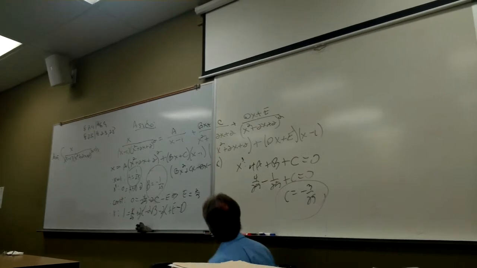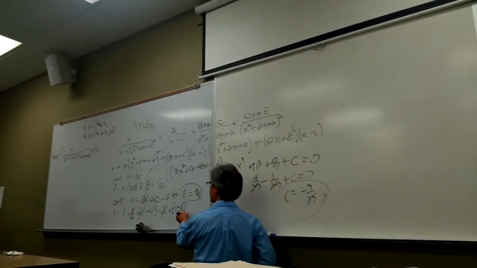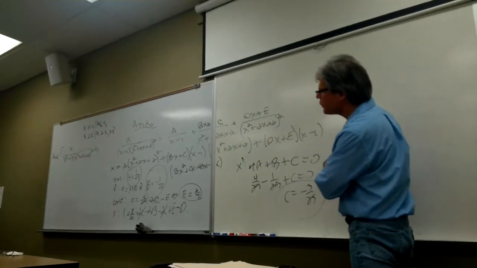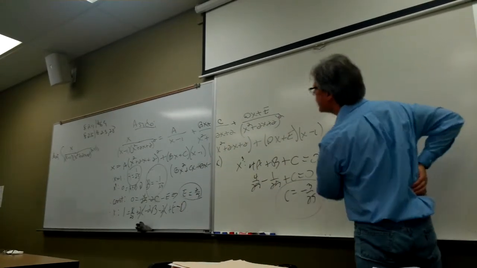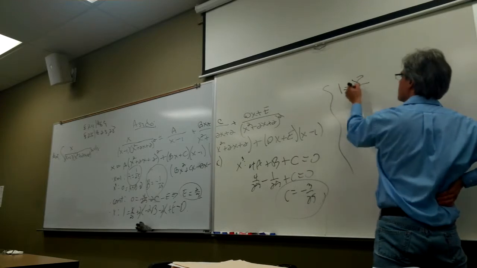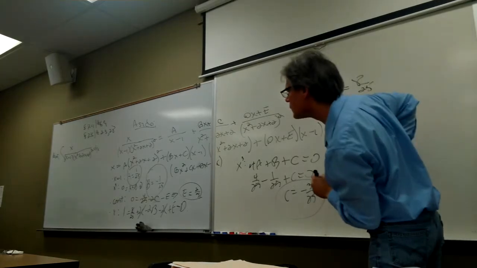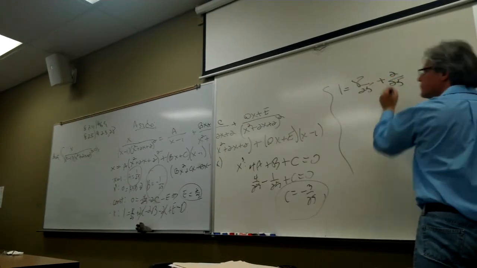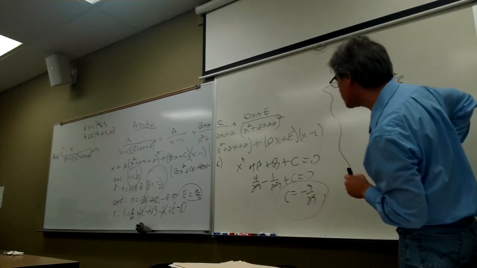Okay. Now from this equation, okay, now it's getting too messy. I gotta rewrite that. So that last equation tells us that 1 is equal to my 8/25ths minus 2b plus e minus d.